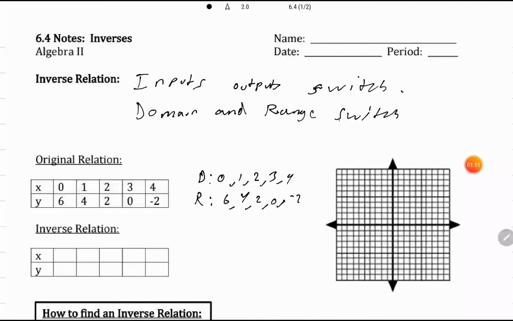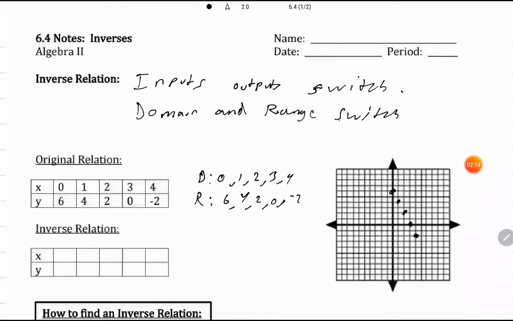If we graph this, we have (0, 6), (1, 4), (2, 2), (3, 0), (4, negative 2).